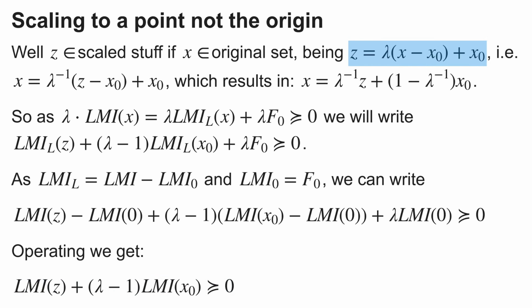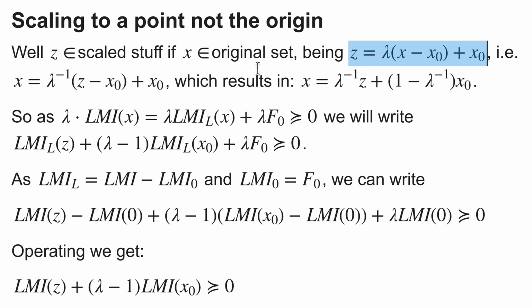Because in the transformation scaling with a new origin of coordinates, I will have that origin point x0, and then I will scale the increment from that x0. So when lambda is 1, then I will have Z equal x. And when lambda is greater or smaller than 1 or whatever, I will have the perspective from the point x0.